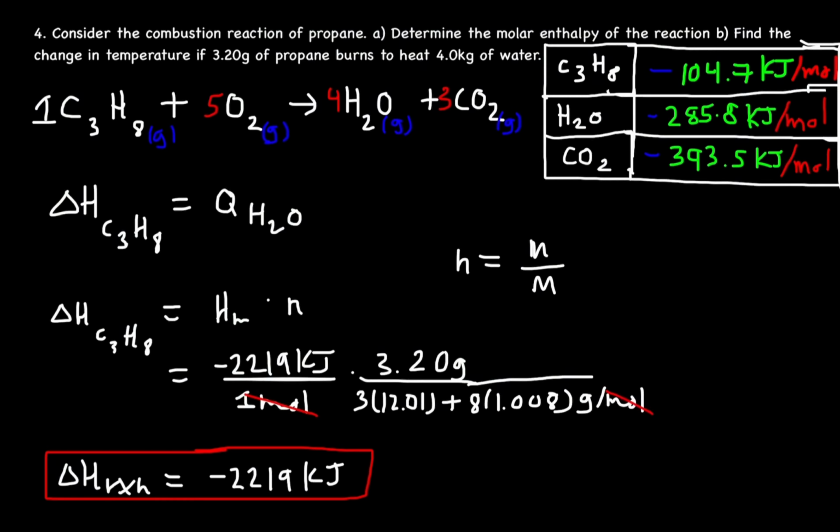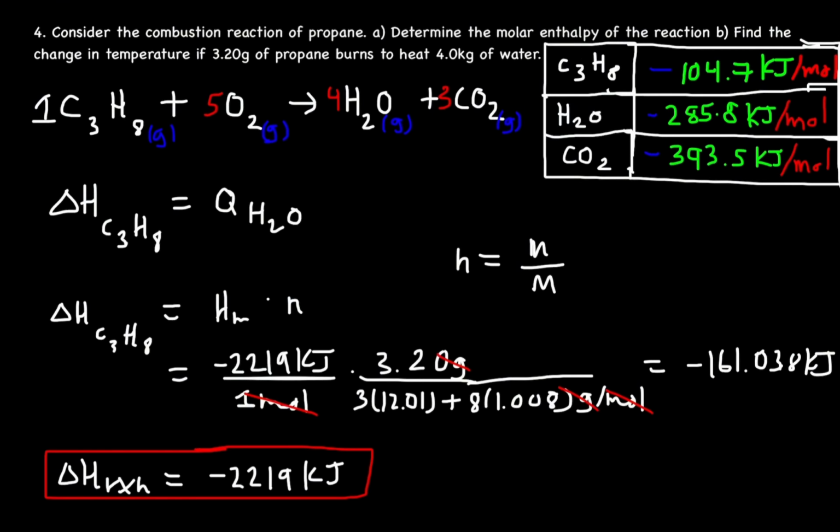The unit mole cancels, and the unit grams cancels out. If you multiply this whole thing, we get negative 161.038 kilojoule. So that is the amount of heat lost by 3.2 grams of propane.